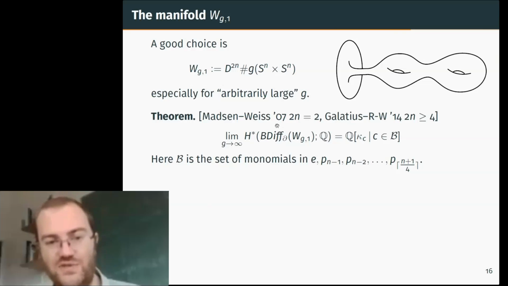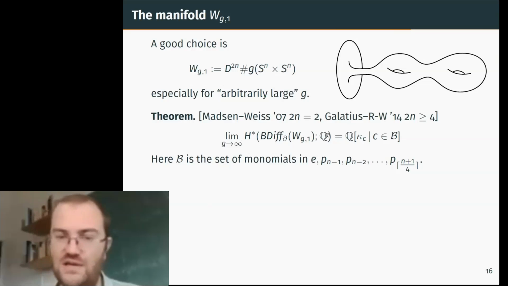It says that if you take the cohomology of the diffeomorphism group of this manifold, say with rational coefficients, there's a fancier version integrally, but it's more difficult to say what the answer is, and you take the limit as the genus, so the number of summands, goes to infinity, then the answer is incredibly simple. You get a polynomial ring on certain symbols, and those symbols are indexed by monomials in the Euler class and certain Pontryagin classes.